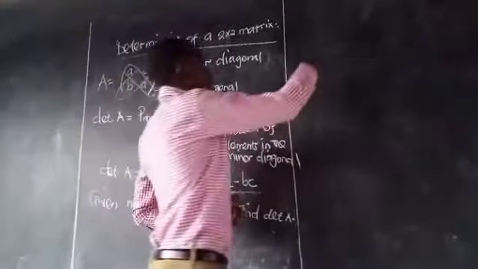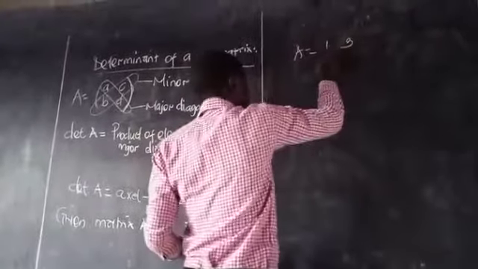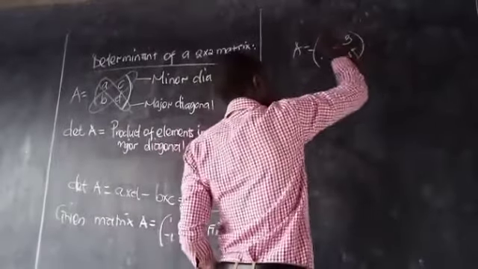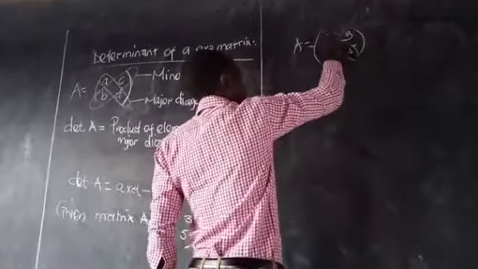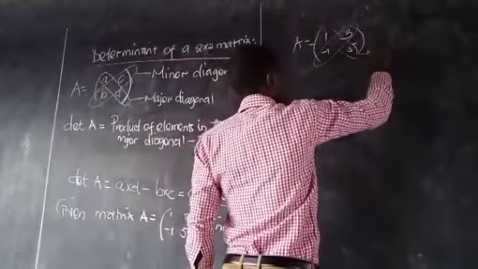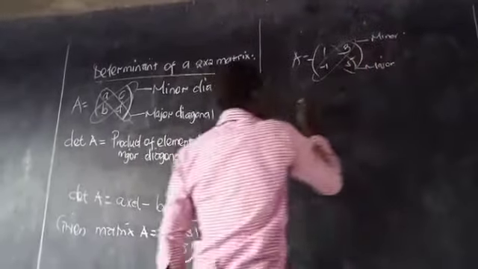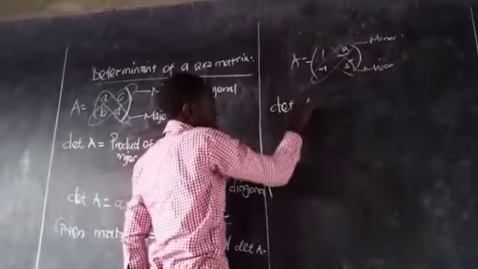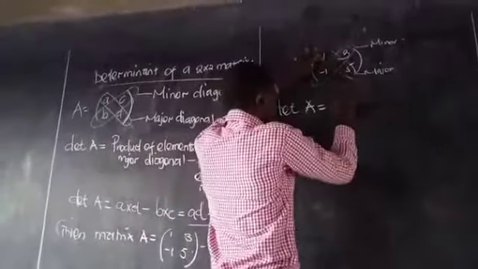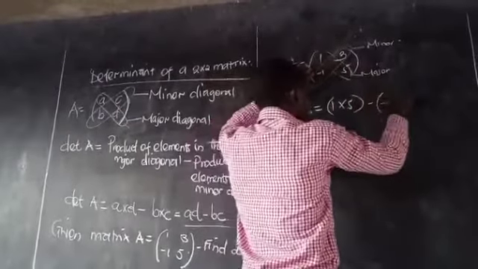Let's see. A is equal to 1, 3, negative 1, 5. The elements in the major diagonal are 1 and 5, and in the minor diagonal, negative 1 and positive 3. And so we shall say determinant of A is equal to the product of 1 and 5, and then we subtract the product of negative 1 and 3.